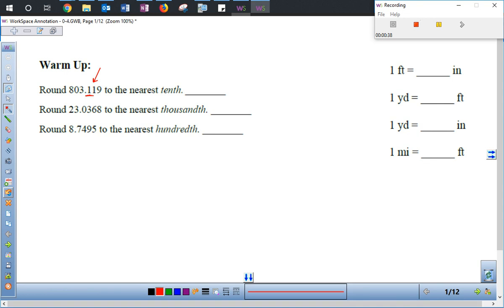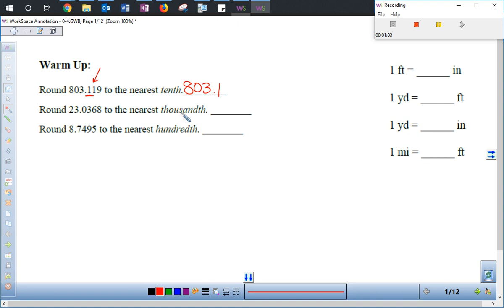If it is less than 5, then we leave it where it's at. Since this second number is less than 5, we're going to leave this at 1. So, rounded to the nearest tenth, this is going to be 803.1.